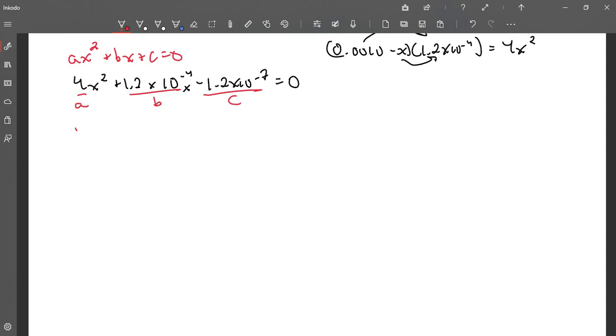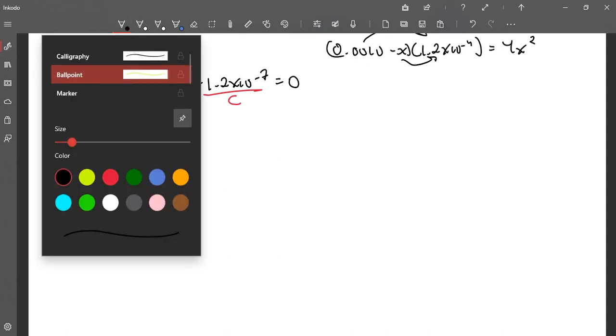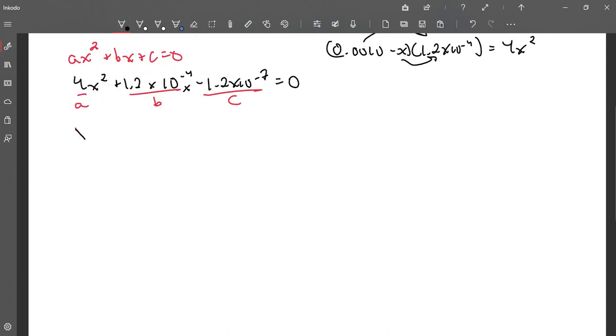Knowing, however, what this means: x we know to be a positive or negative value. Our quadratic equation really is negative b plus or minus the root, and that root is called something. I forget what it's called. It's a determinant? I can't remember.